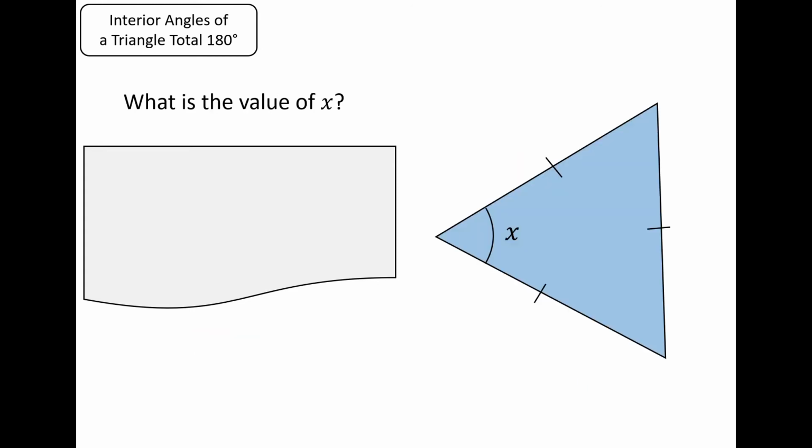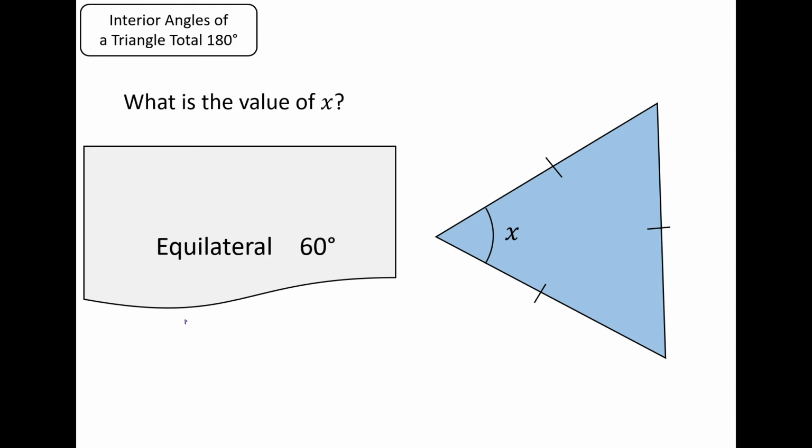So in this triangle, the first thing we should notice is the type of triangle. The previous two examples were scalene. This one is clearly an equilateral triangle, meaning all angles are the same. We can set this one up in two ways to get our answer of 60.